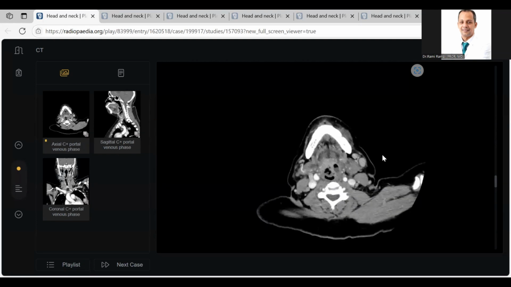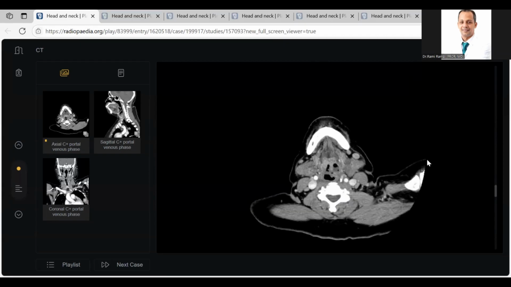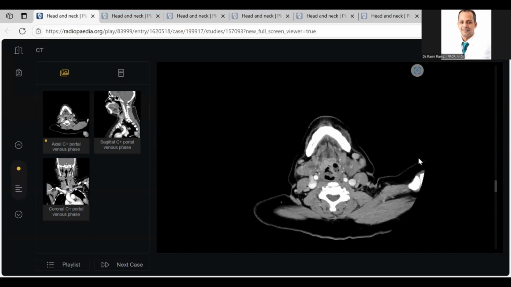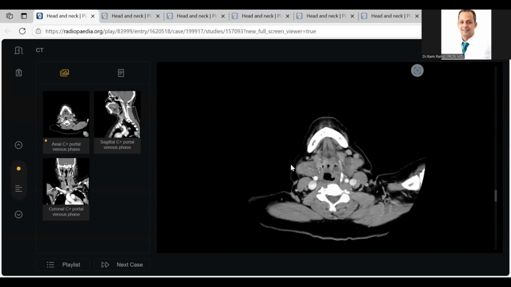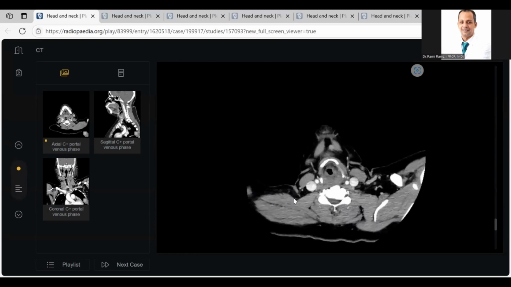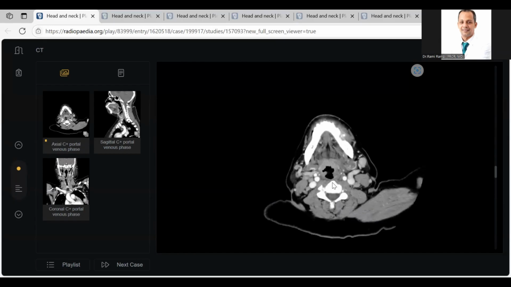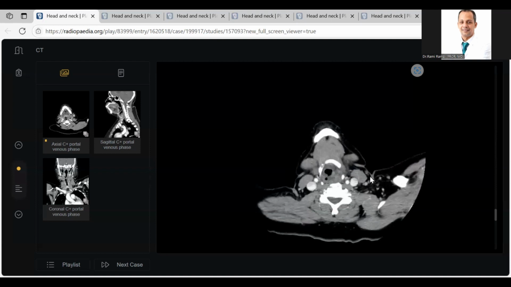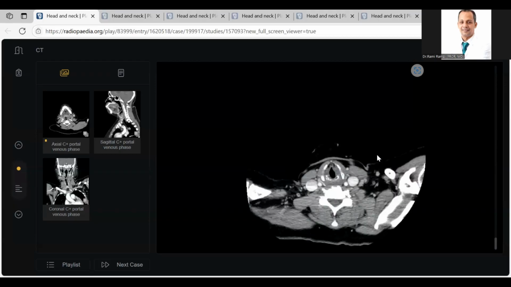As far as I can see, both parotid glands appear normal. I can see a heterogeneously enhancing soft tissue lesion on the left side of the pharyngeal region, which is causing mild mass effect and narrowing of the airway. Excellent.